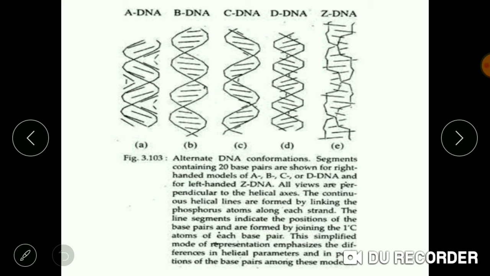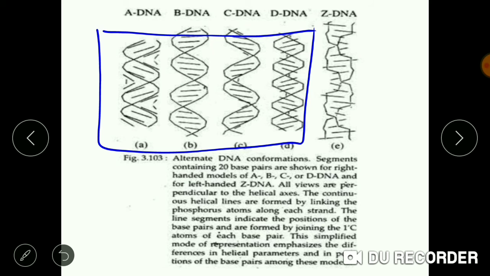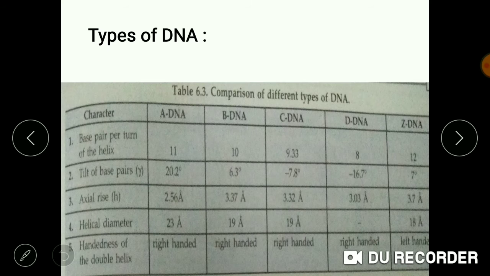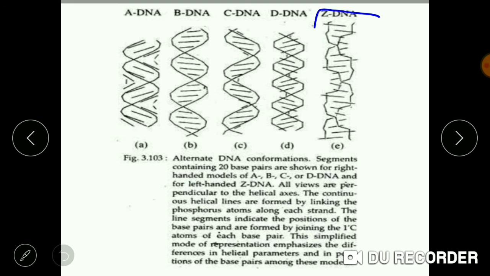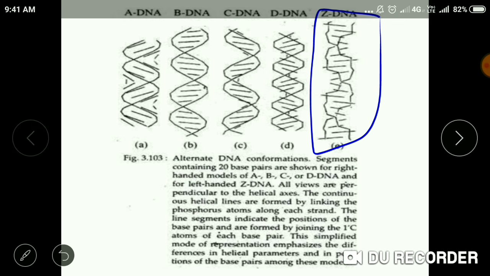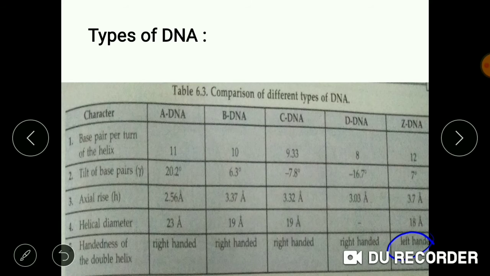You can see that in the first 4 types of DNA, it is a right-handed double helix, while in the last one, Z-DNA, it's a left-handed helix. This is the major difference between the 5 structures.